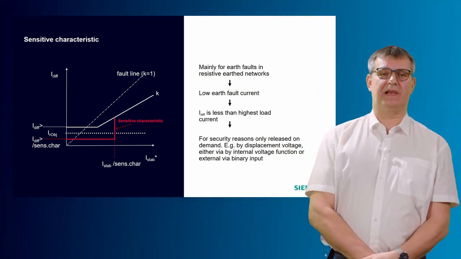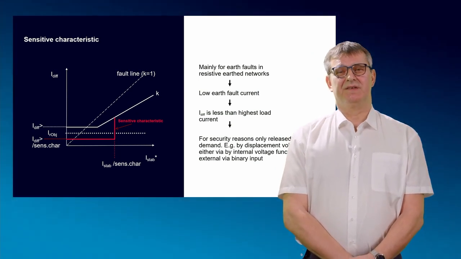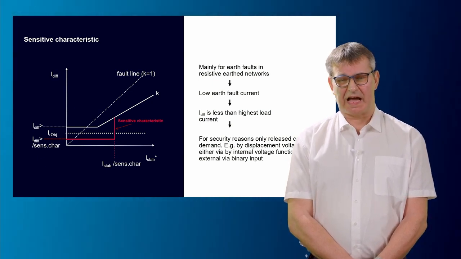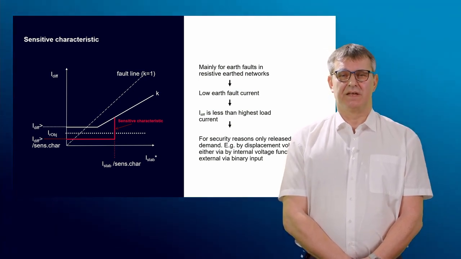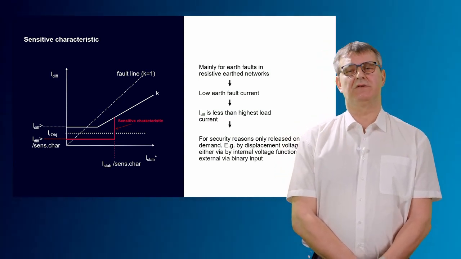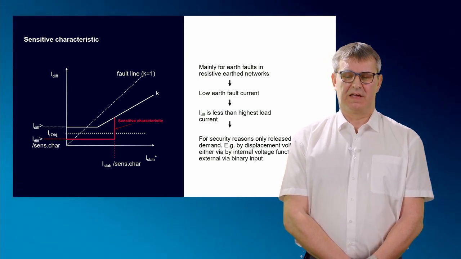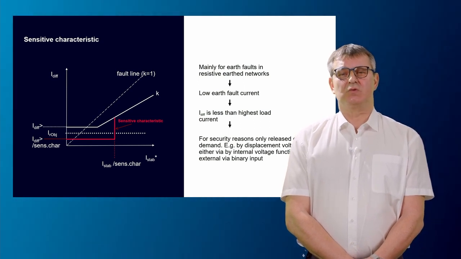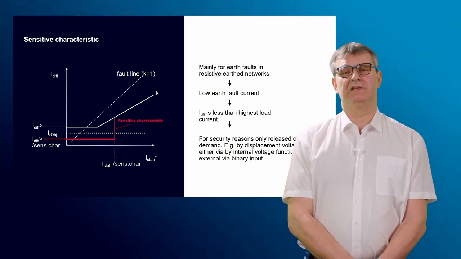I have explained this very important criteria that the minimum differential current threshold should be higher than the load current of the feeder with the highest load current. In a resistive grounded network, typically this criteria cannot be fulfilled because of the resistive grounding, and a phase to ground fault would lead to quite low fault currents, which are typically not above the load current.